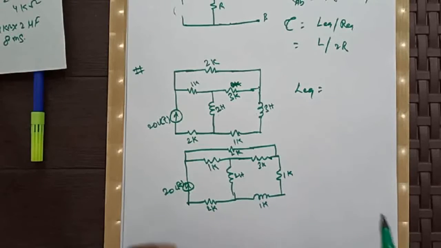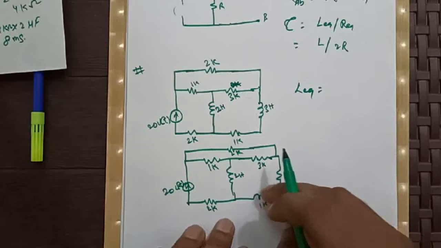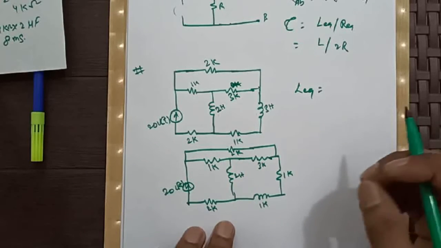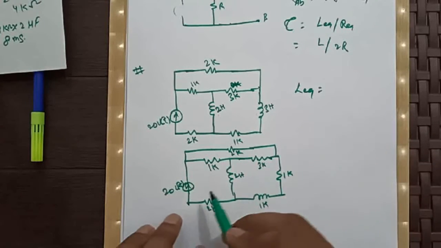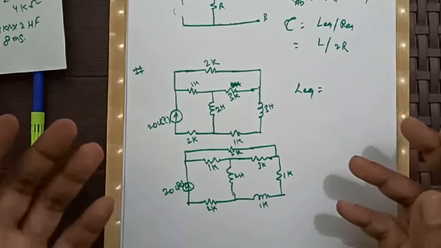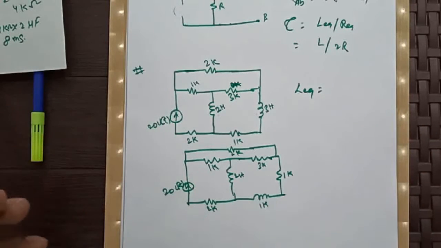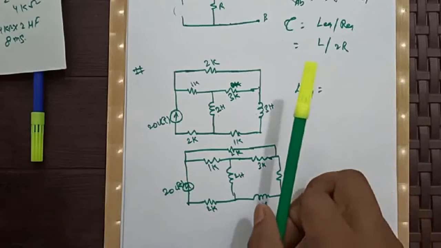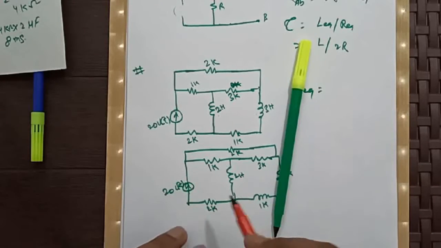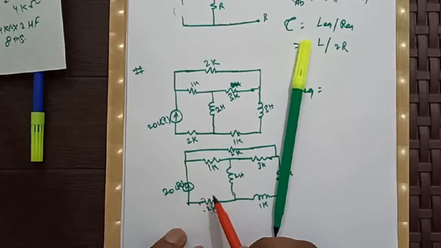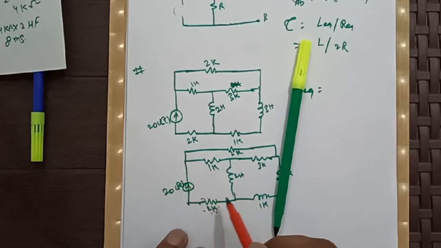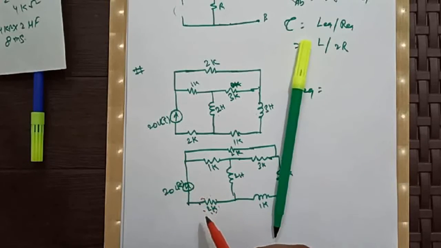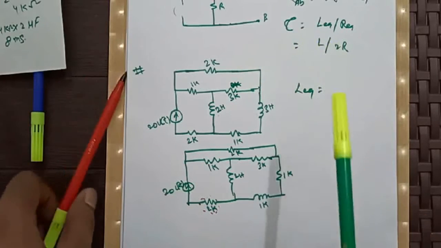Now what will be L equivalent? L equivalent will be nothing but the series combination of these two, right? First of all, whenever we find L equivalent or C equivalent or R equivalent, we have to remove the sources. After removing, this will get open circuited. After getting open circuited, this resistor will have no significance as there will be no current in this branch or current through this element. So this will be redundant.